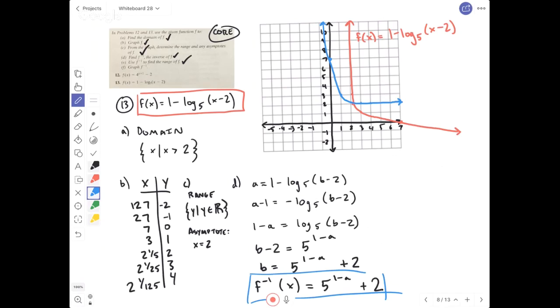Okay, putting those asymptotes in. I have one horizontal asymptote on the blue function there, and a vertical asymptote on the red function there. Of course, these inverse functions are reflections of each other across that line, y equals x.